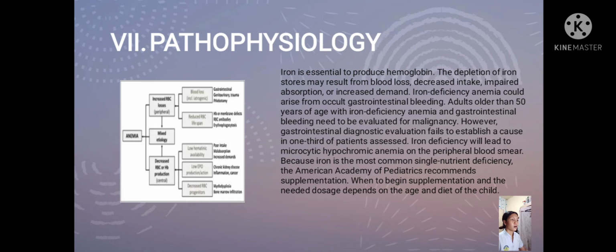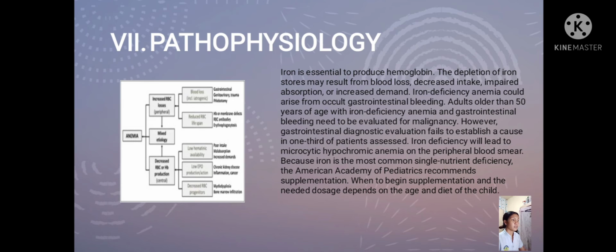Adults older than 50 years of age with iron deficiency anemia and gastrointestinal bleeding need to be evaluated for malignancy. However, gastrointestinal diagnostic evaluation fails to establish a cause in 1/3 of patients assessed.